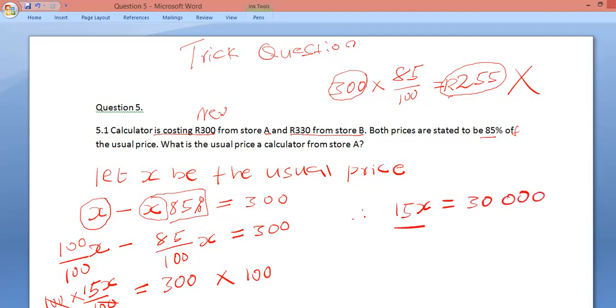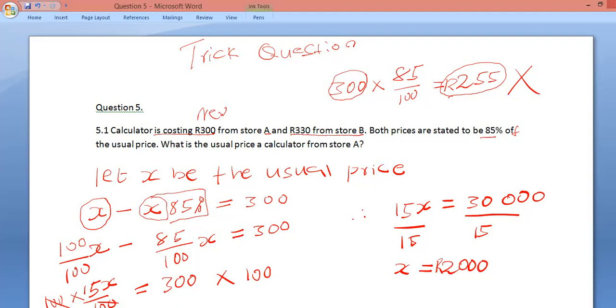We can divide by 15 on both sides. So 30,000 divided by 15, and then our answer is x is equal to 2,000. So the original price was 2,000 rand.